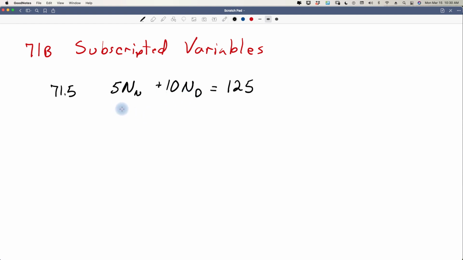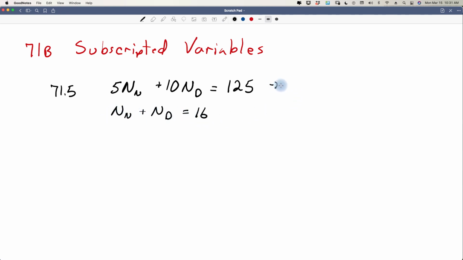Okay, so the second equation we're given is the number of nickels plus the number of dimes equals 16. So we're going to use elimination to solve this. We're going to leave this equation as it is, and we're going to multiply this equation.